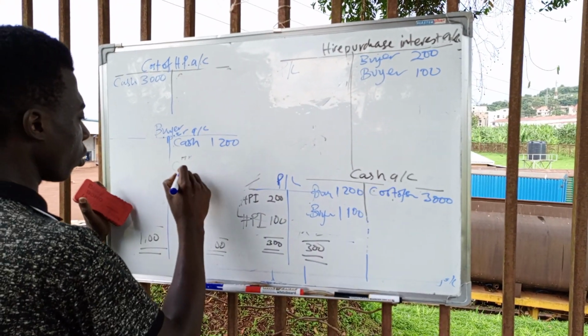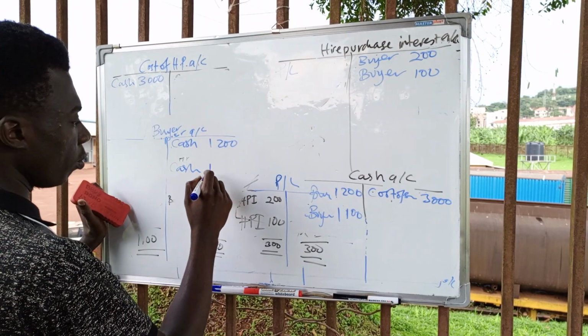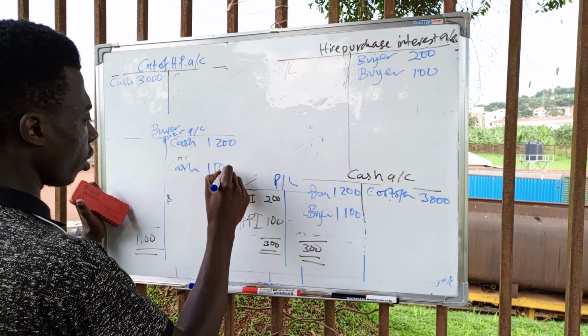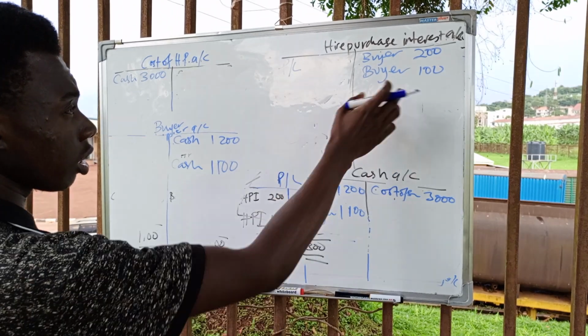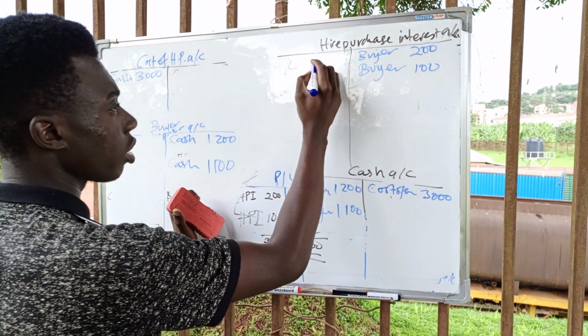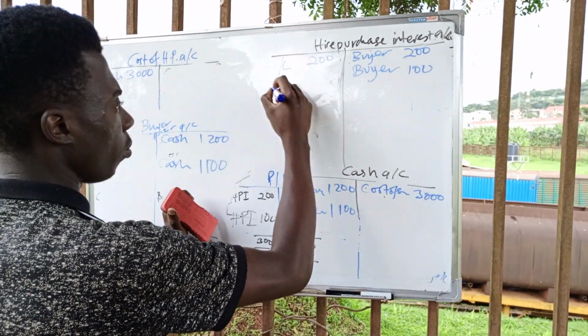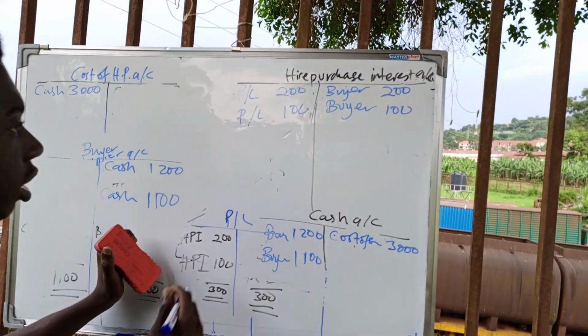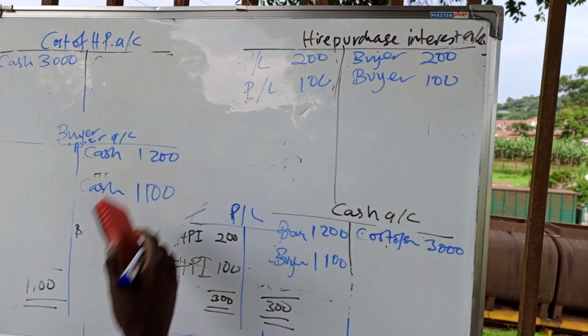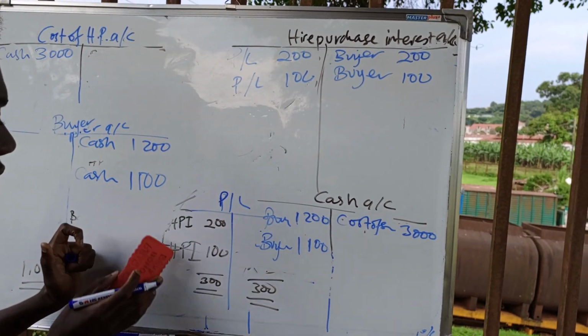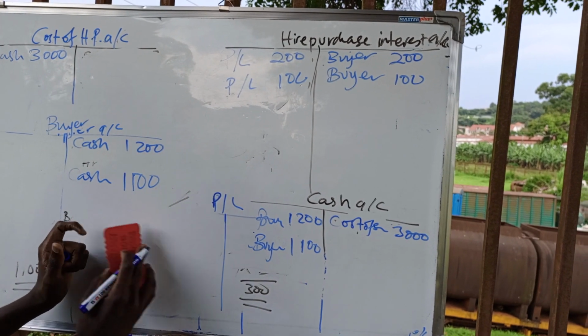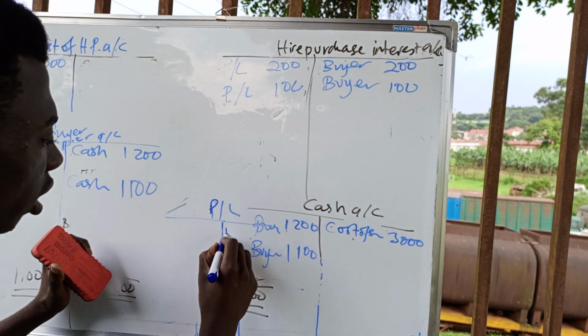In the second year, you must also recognize cash being received, 1,100. Then, of course, the hire purchase interest, we are going to be closing it off to the profit and loss for both years, meaning that since we are closing it off to the profit and loss, we have to recognize credit entries instead of recognizing expenses. We are supposed to recognize incomes on this side.